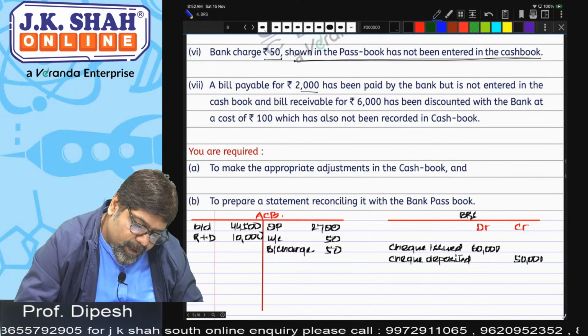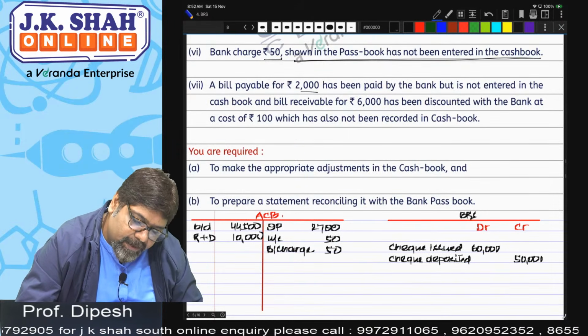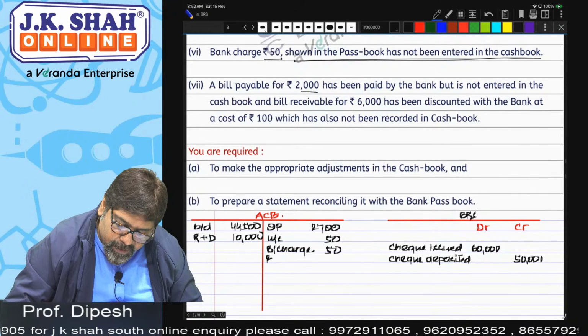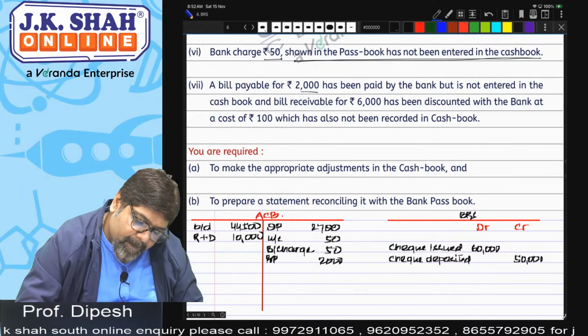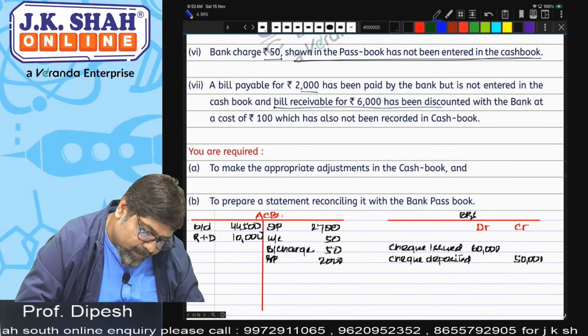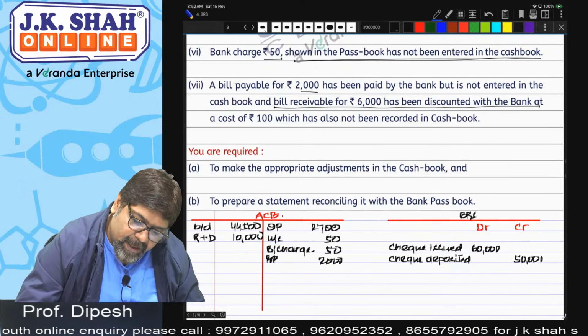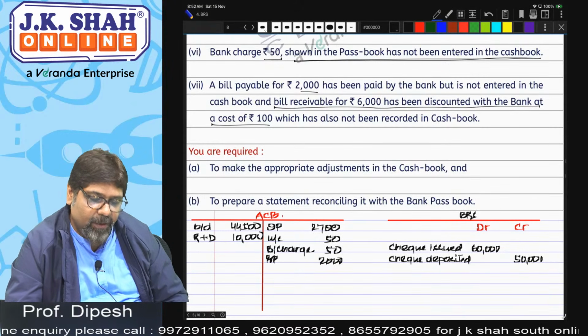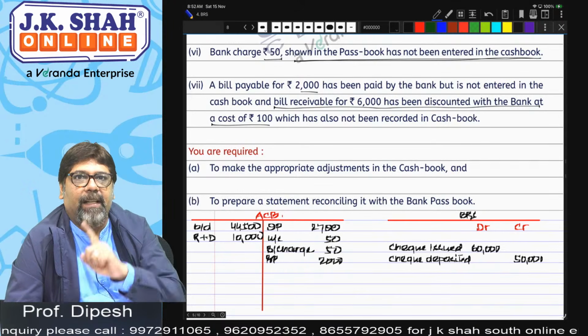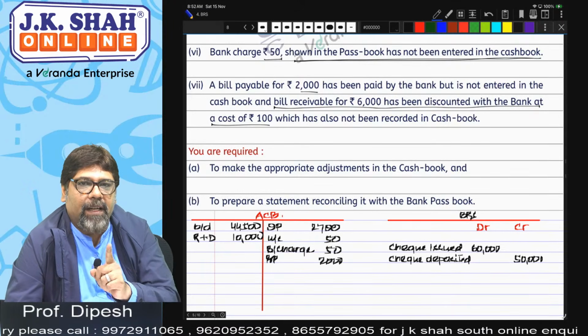Bills payable 2,000 has been paid by the bank but not entered in the cash book. So bills payable payment is not entered, 2,000. A bill receivable of 6,000 discounted with the bank at a cost of 100 has also not been recorded in the cash book. We discounted the 6,000 bill with the bank for 100 discounting charges.